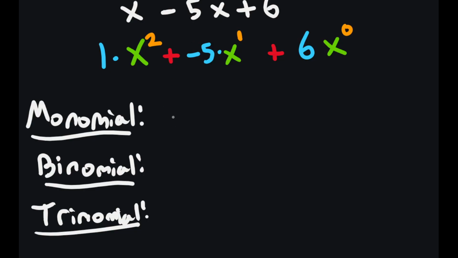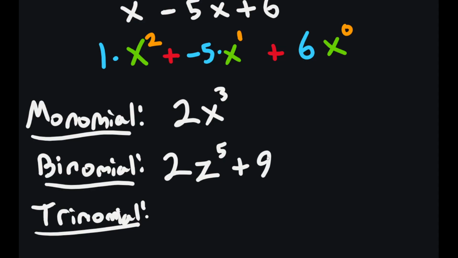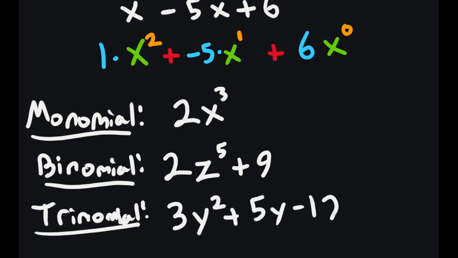So an example of a monomial is 2x to the third power. For a binomial, let's use a different variable instead of x. Let's say 2z to the fifth power plus 9. And a trinomial, maybe we'll use 3y squared plus 5y minus 12.